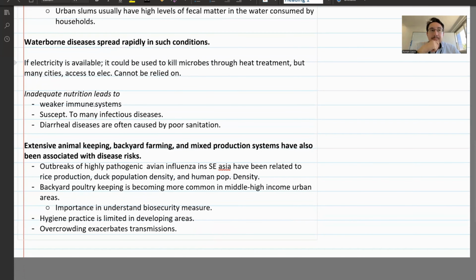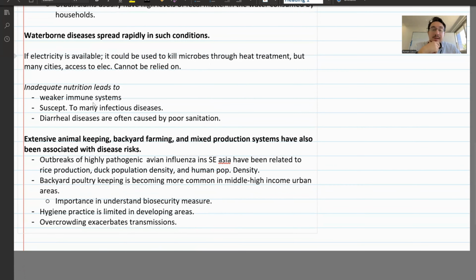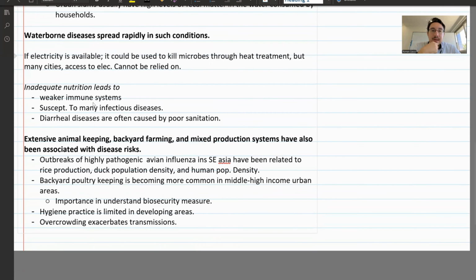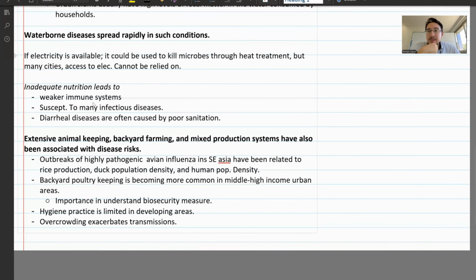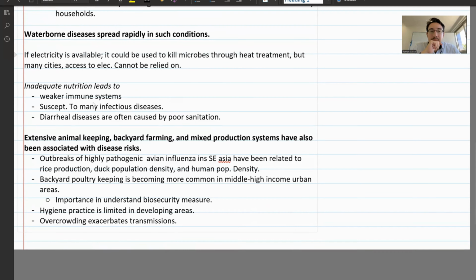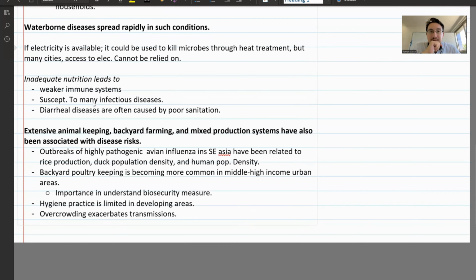Again, in developing countries, limited electricity. If you had electricity, you would be able to boil water and sterilize the water to drink, killing the microbes via heat treatment, and so forth. But some people don't even have a stable amount of electricity during the day.